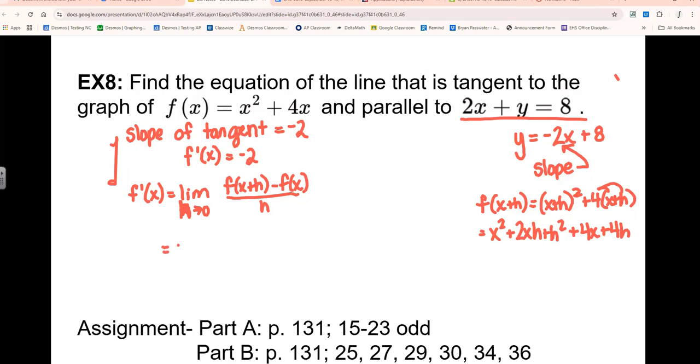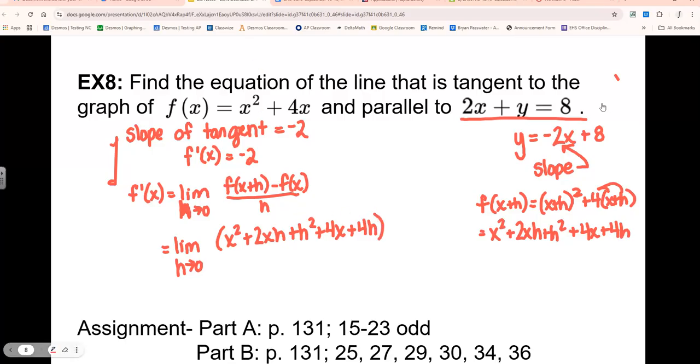So in our formula here, we will have that stuff: x squared plus 2xh plus h squared plus 4x plus 4h.